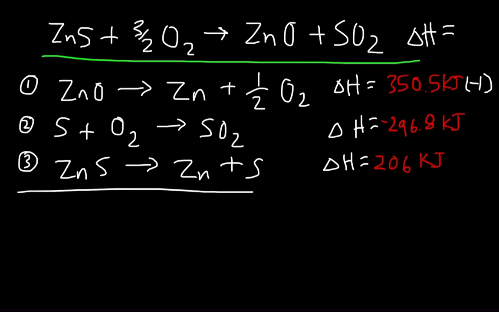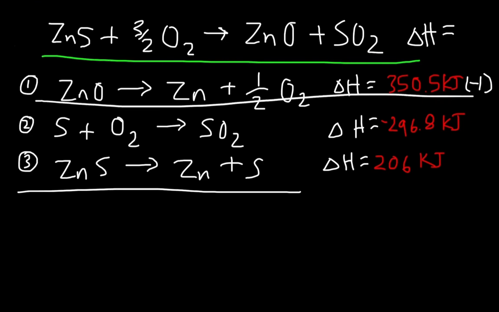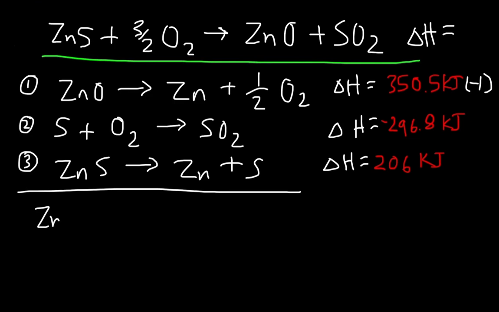Here is the overall equation after doing rearrangement. I only multiplied the first equation by -1, so I'm just reversing the first equation only. It's going to be Zn zinc plus half of oxygen, which gives zinc oxide.